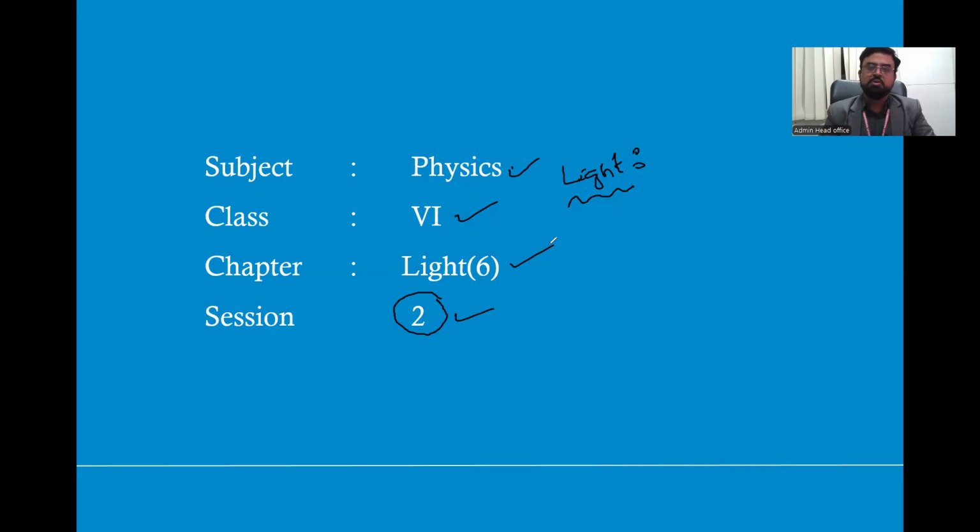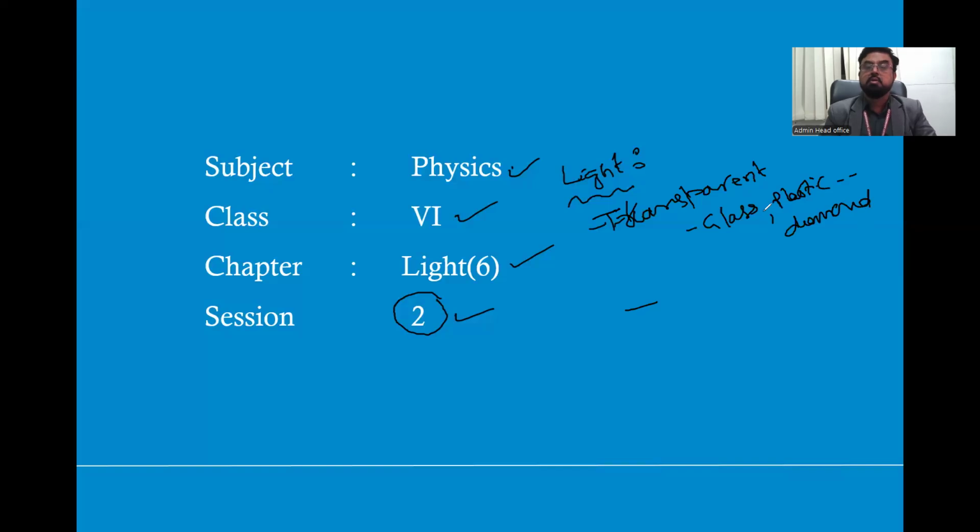They are called transparent substances. The substances which allow light to pass through them completely are called transparent substances. For example, glass, plastic, and diamond.